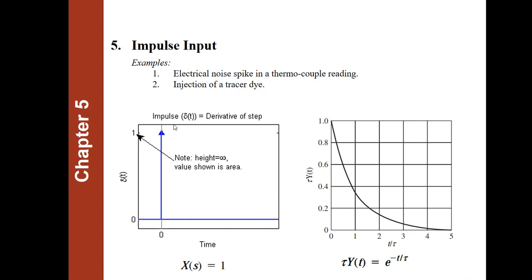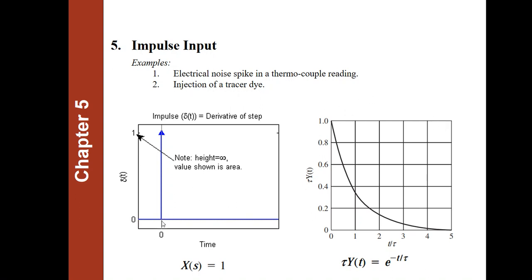This is the representation of the impulse function, the Dirac delta function. It's actually the derivative of the step function. So its Laplace transform is 1. If it has a magnitude other than 1, then the Laplace transform will be the magnitude of that particular impulse input. Its response is like this.